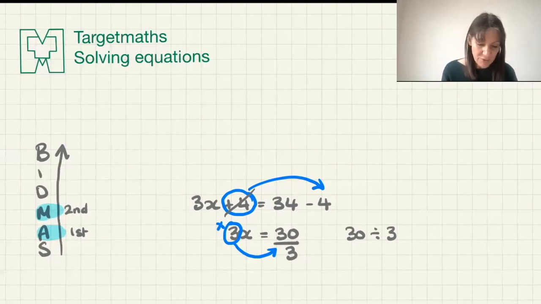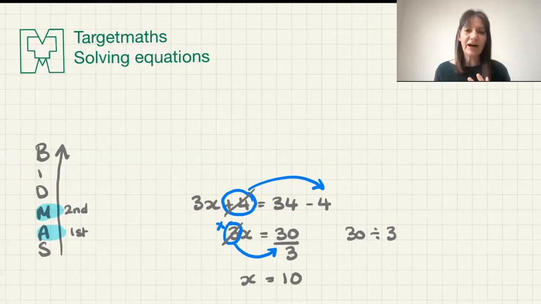So I've now moved that 3, so it's gone. I've got x equaling 30 divided by 3. How many 3s in 30? 10. Okay, so what we have learned so far is if I want to know what the letter equals, in this case x, I get it on its own. To get it on its own, I hop.